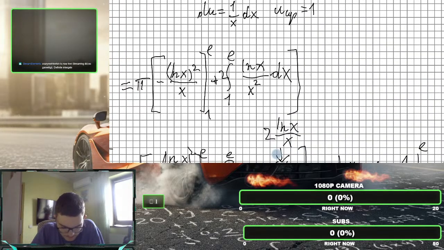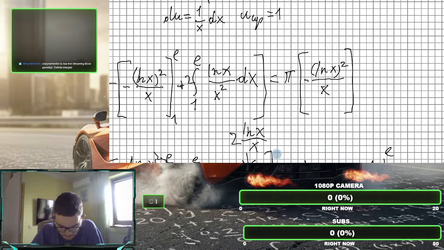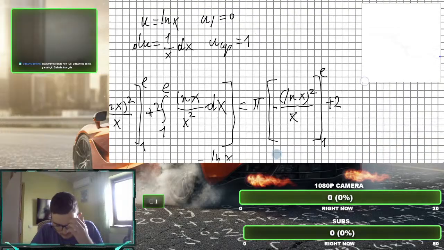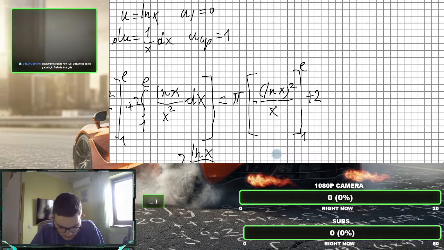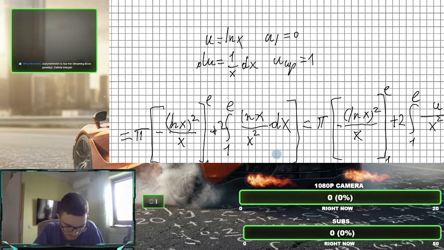And so I can already put it like this, opening up this parenthesis, minus ln of x all at the power of 2 divided by x, and this from 1 till e plus 2, and now I just can integrate this: integral from 1 till e of u divided by x second power times dx, so from here I have to take a dx.